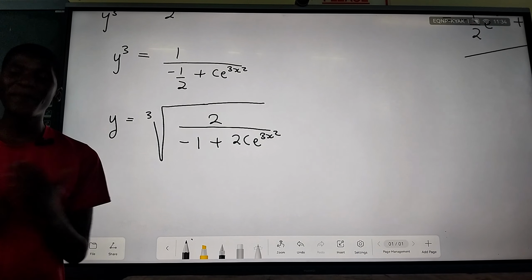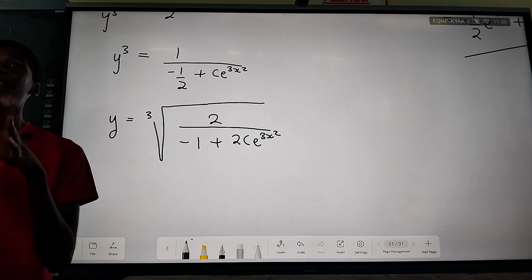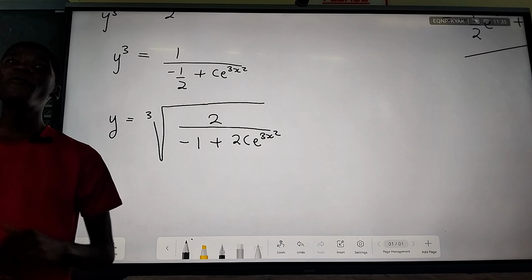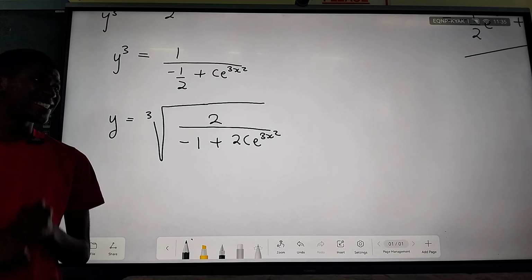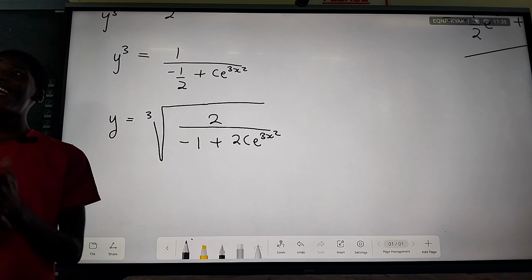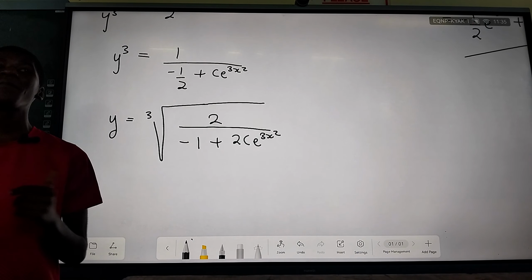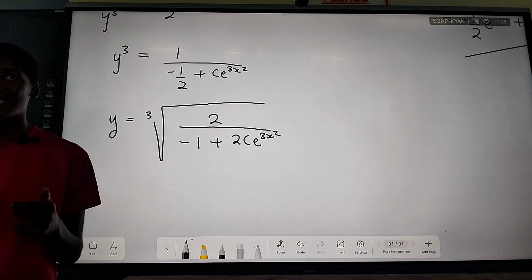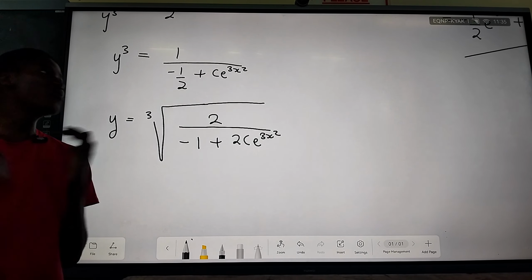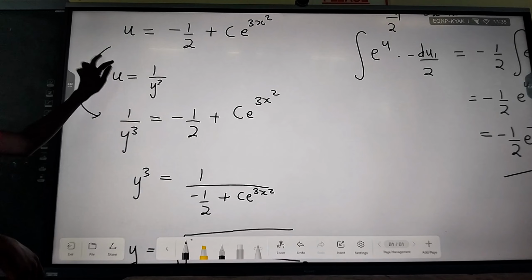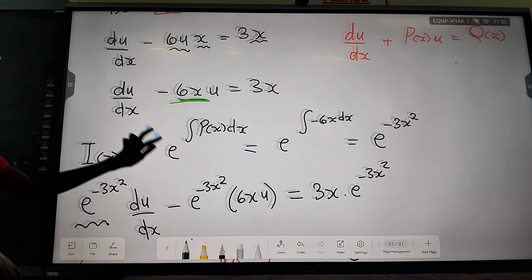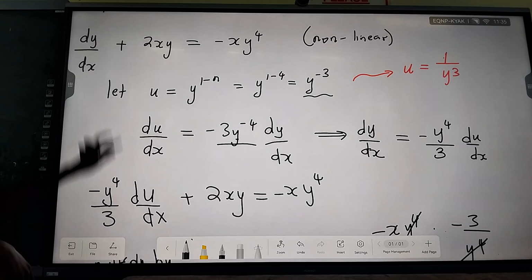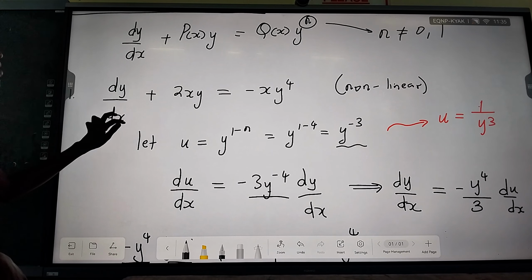So a Bernoulli's equation, it works around that. What you need to look for? First, y must be non-linear, meaning y is raised to the power of something not 0, not 1. The first condition that you start with, what allows you to say this is a Bernoulli equation?